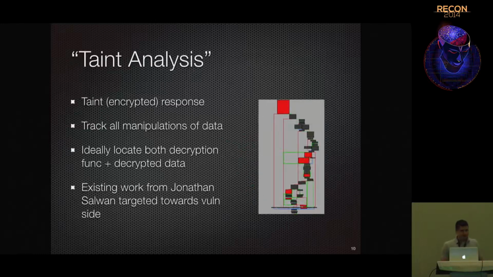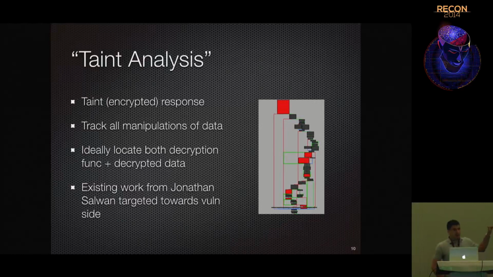So taint analysis, in quotes. Suppose you get a response back from the C2 and it's encrypted, and you actually were to taint that and see where anything from there is copied and touched, you could potentially, ideally, locate a decryption function and decrypted data, maybe encryption keys as well.